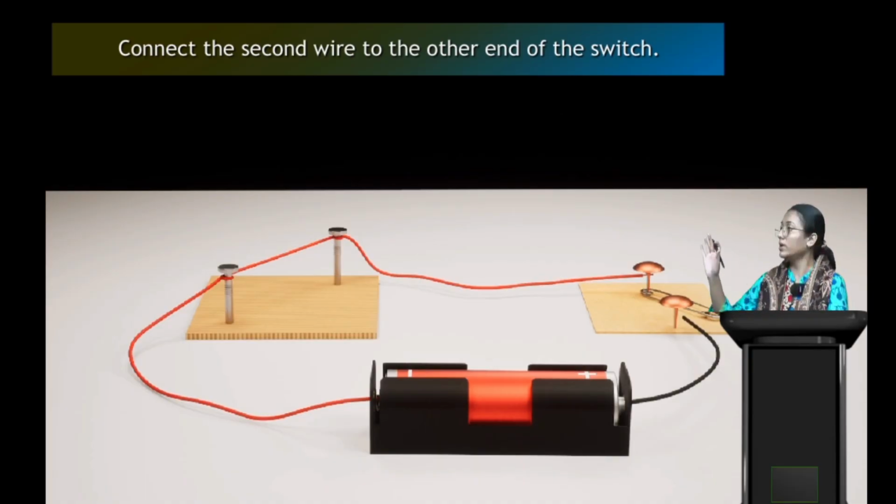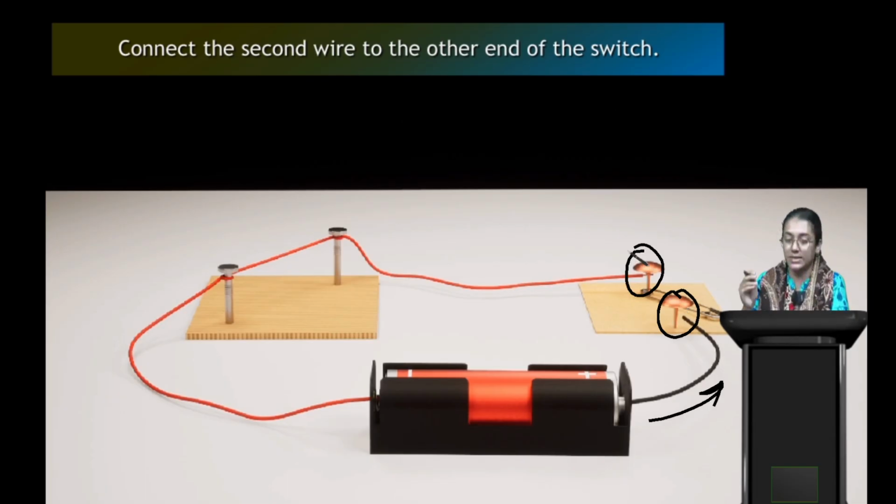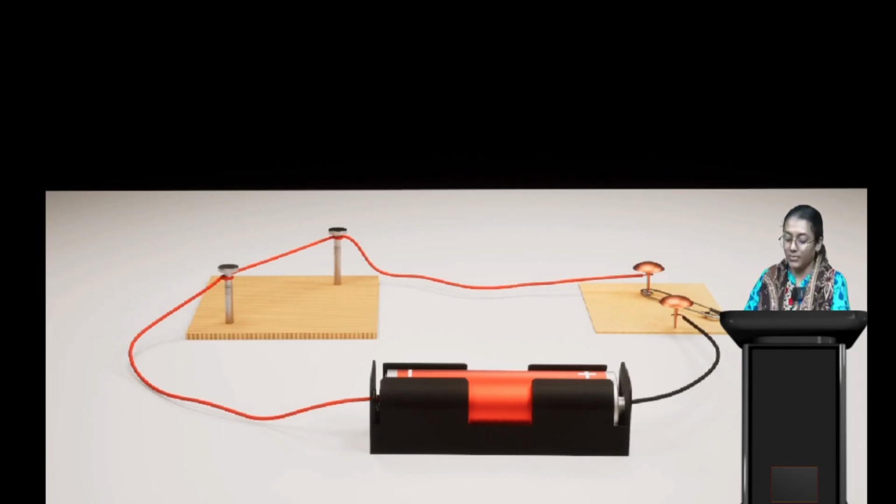And after that, what do we have to do? Connect the second wire to the other end of the switch, and this shorter side of the wire we also connect to the drawing pin, and both the sides are connected with the drawing pins. One side, the shorter side to this pin and the longer side to another pin.